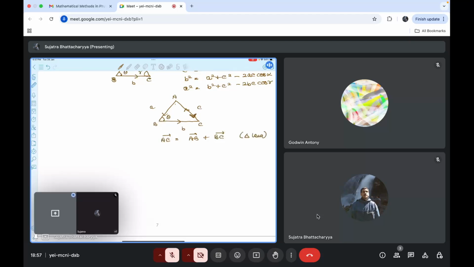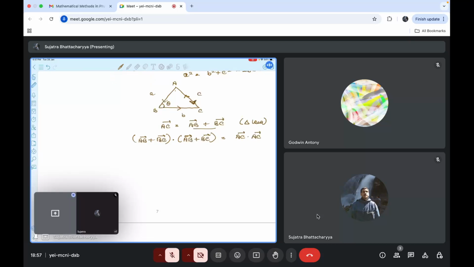Fine. Now what we'll do is take the dot product of these two. So AB plus BC dot again AB plus BC. This is the dot product we are doing. On the right hand side, we are writing AC dot AC. Same thing on both sides. What will come? It will be AB dot AB, these two, plus BC dot BC, the second terms, and you have 2AB dot BC.